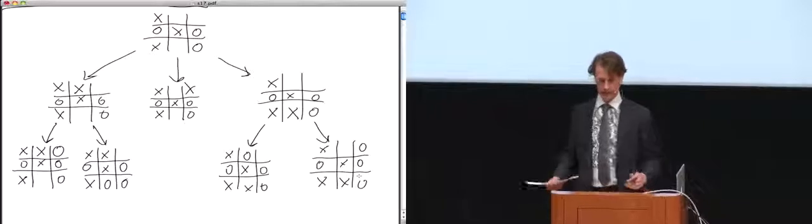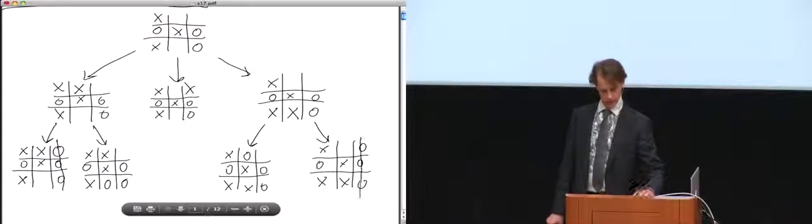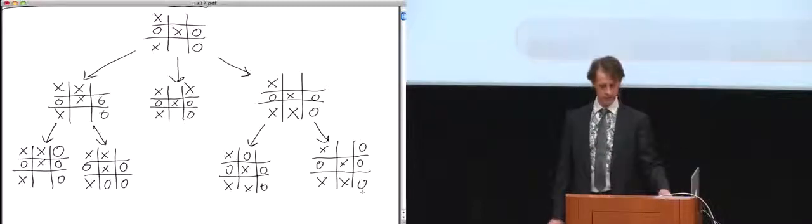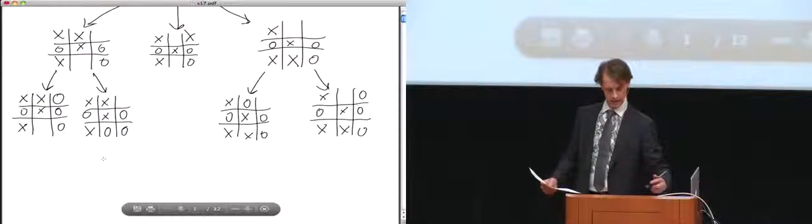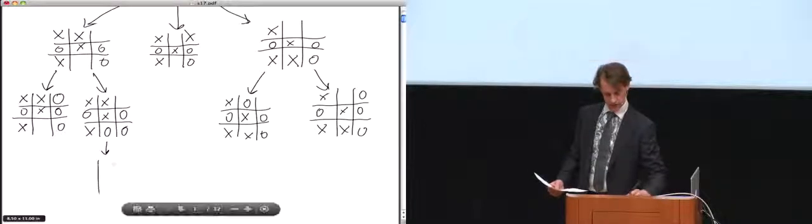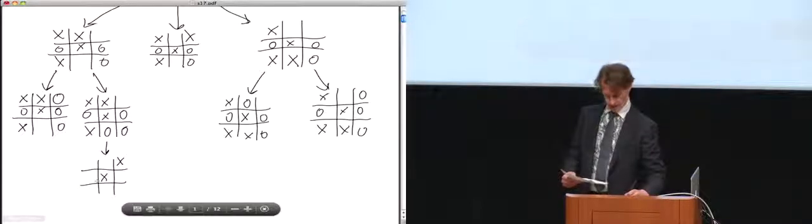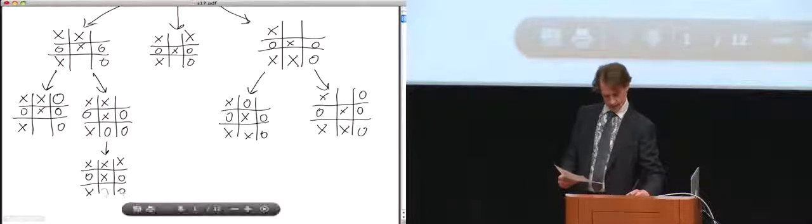Now, several of these games are finished because we have 3 O's in a row here, and 3 O's in a row here. But there's 2 grids where the game isn't finished yet, so we'll give them children. Starting from this grid, though, there's only one place to go, which is you as X can put an X in the upper right corner, and that wins the game for you.